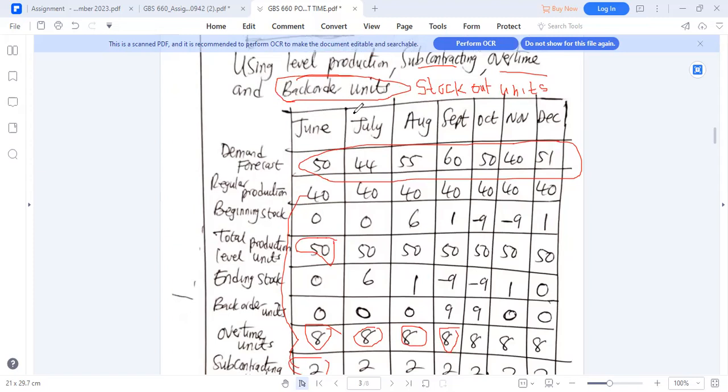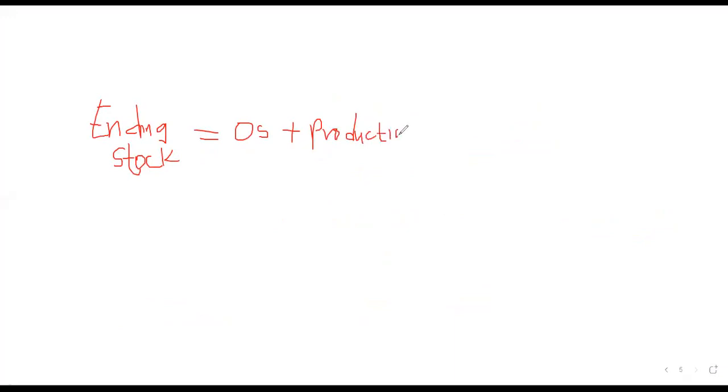Okay. And how do we get ending stock? The formula for ending stock is equal to opening stock, then plus the production, then minus the demand.